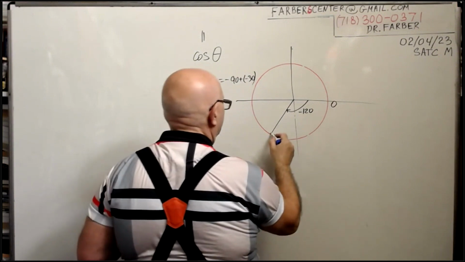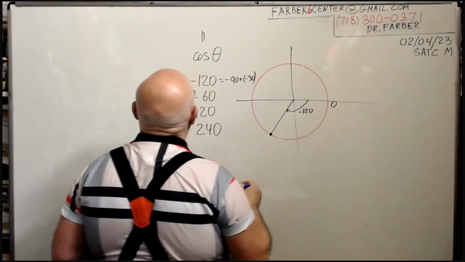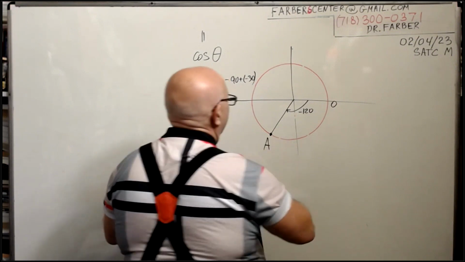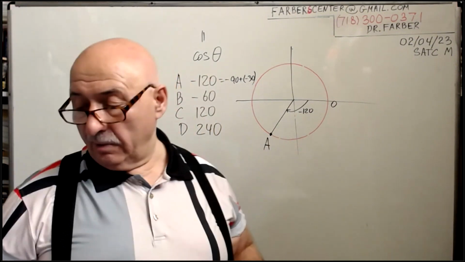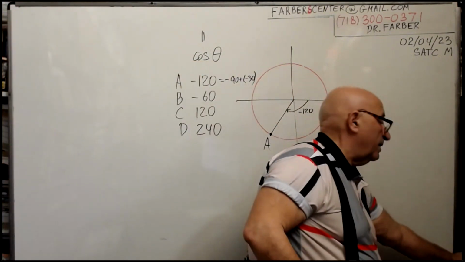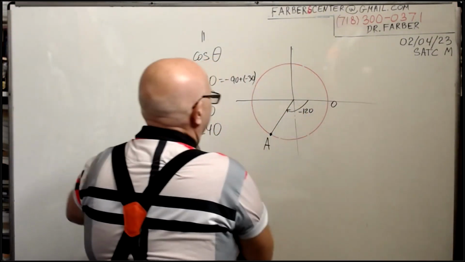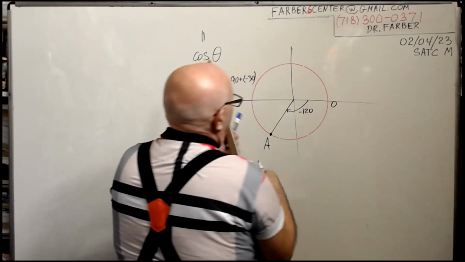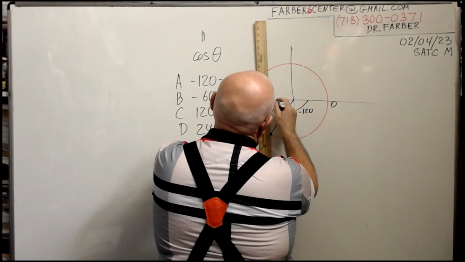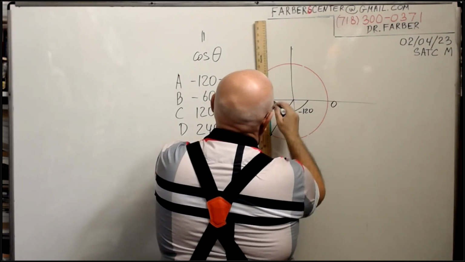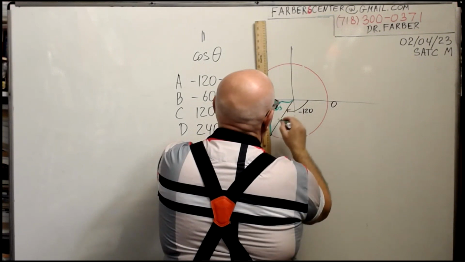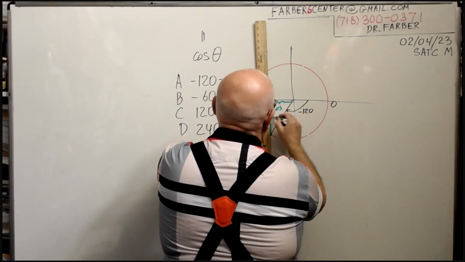Okay. And this is H. You know, if I take a different color, cosine, at the beginning of my lecture, I just demonstrated the cosine is projection to x-axis. And this would be cosine. Cosine of negative 120.